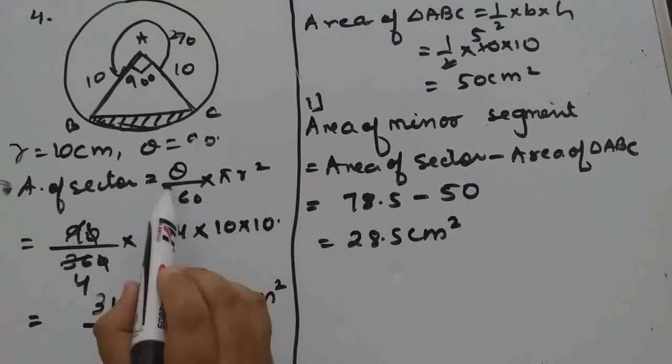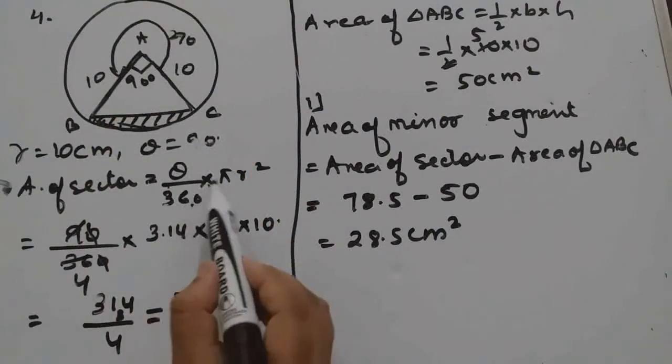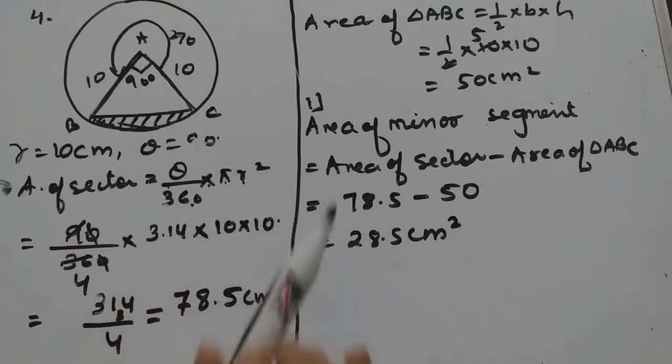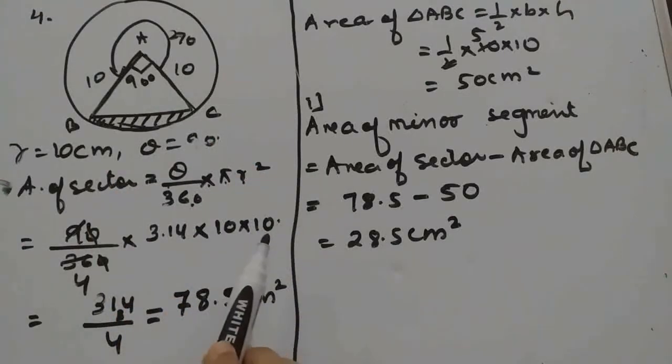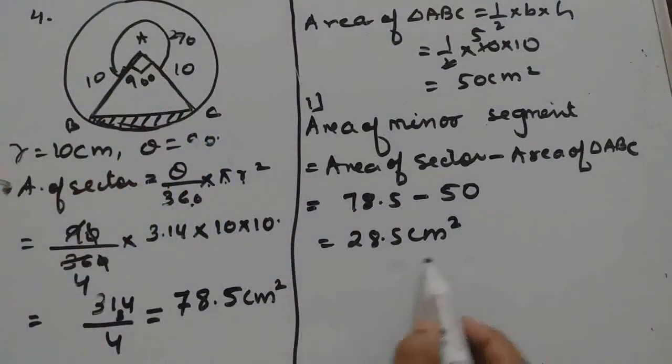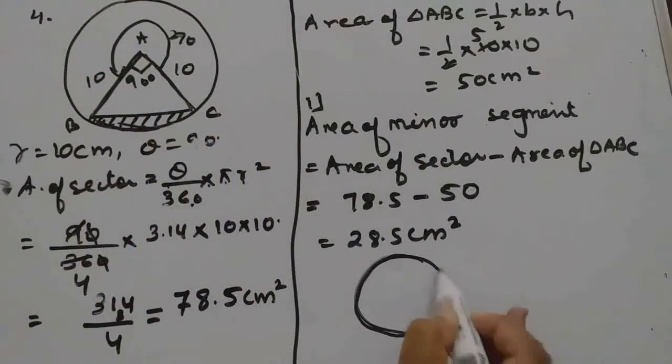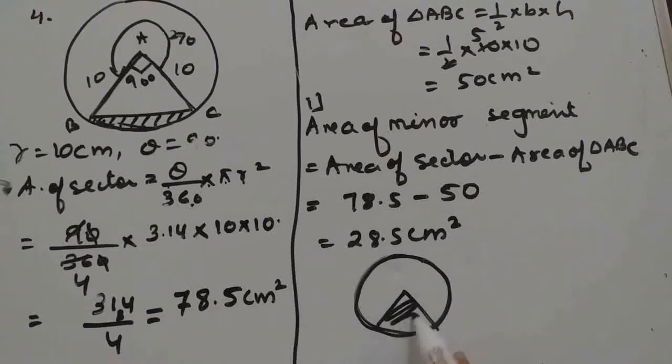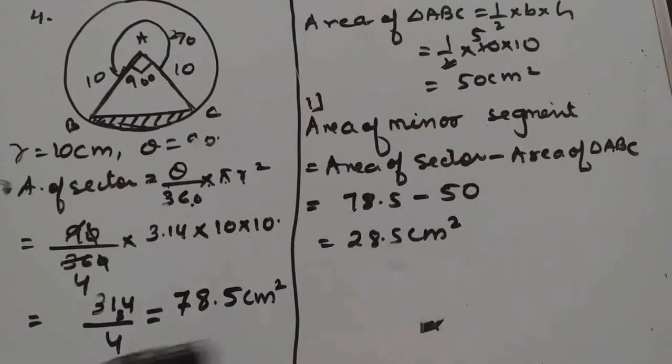So by using this formula 270 by 360 into pi r square we can find. Or else by which method we can find this? Since major sector is area of circle minus area of minor sector. By that method also we can find. So what we will do? We will find by the second method, area of circle.